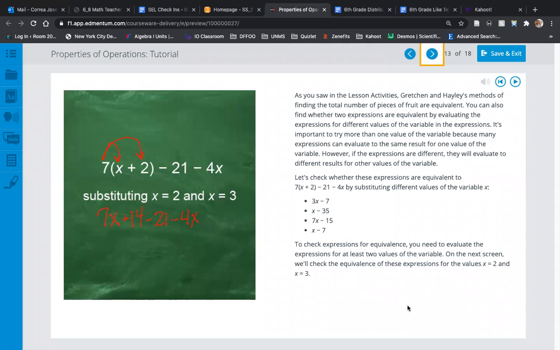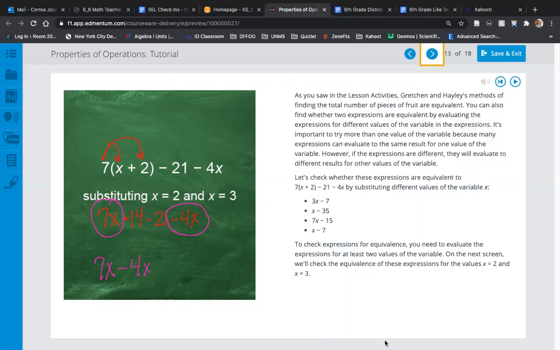So I'm going to use different colors here, right? I see that I have a 7x, and when you're combining like terms, you're also going to take the sign next to it. So I have a minus 4x, right? So I can basically rearrange these and say 7x minus 4x.